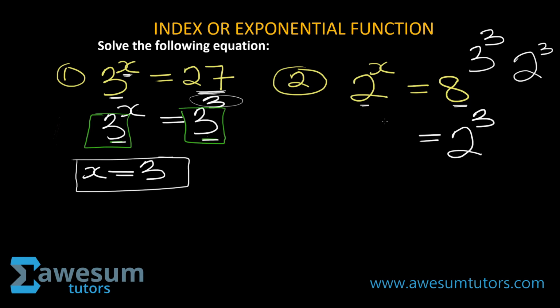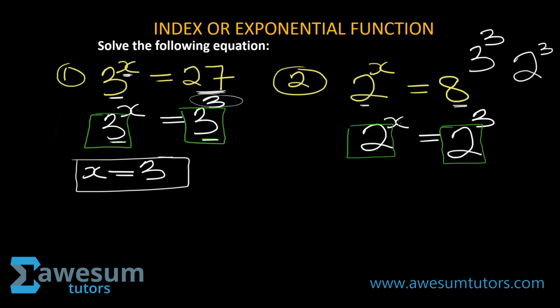Very good, guys. Then I can bring down this one, 2 raised to the power of x. Now, if you take note, we have the same base right here. Because we have the same base, that means my powers can be equal to each other.